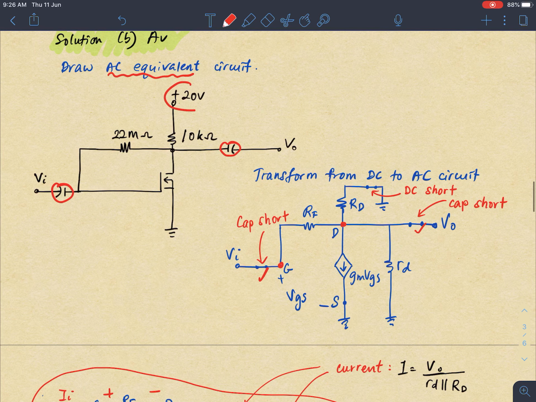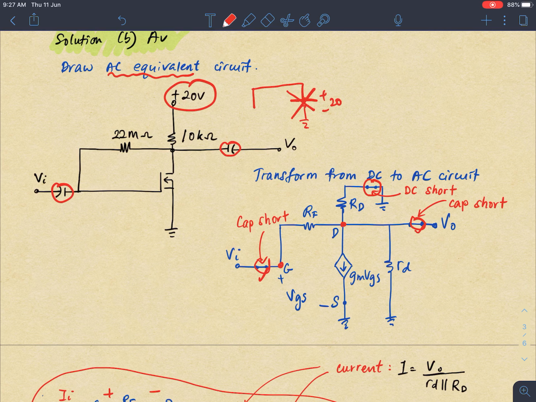And for the DC, the 20 volt, normally in DC it becomes like this, 20 volt. Now we eliminate this DC, it becomes a short circuit. So here short circuit, here short circuit.